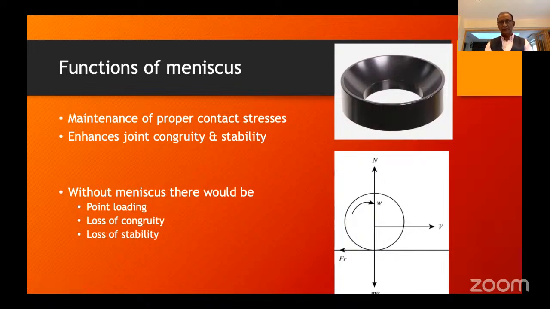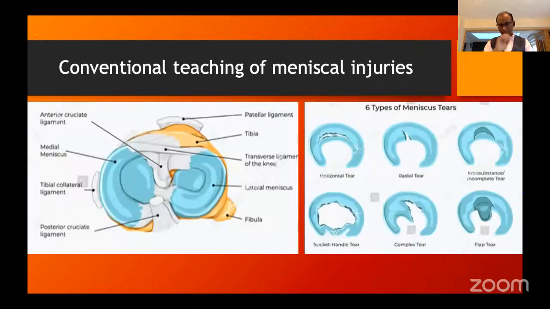So the area of congruity increases, but it also increases the stability. If you look at the picture below that, it's a ball on a flat surface. It is point loading at its point of contact, and it has got the potential to roll. So it is an unstable configuration unless there is some kind of constraint, and it is the meniscus that provides the constraint.